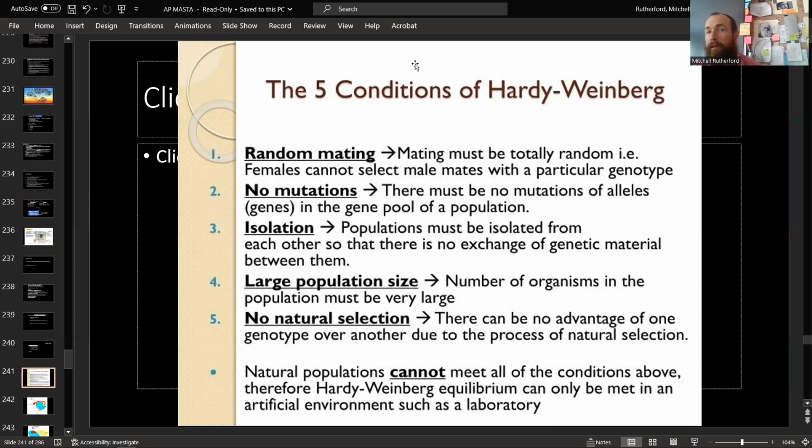Now, Hardy-Weinberg is hard, and you're going to whine about it, but it's a math thing, and it's a way that we evaluate populations. It's the null hypothesis that nothing weird is happening and no evolution is happening. So we have the Hardy-Weinberg as kind of a control. Whenever we're evaluating a gene pool, we can look at the genes and say, let's assume through Hardy-Weinberg that nothing weird is happening.